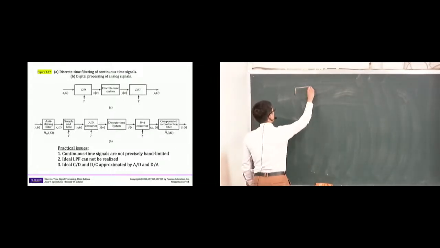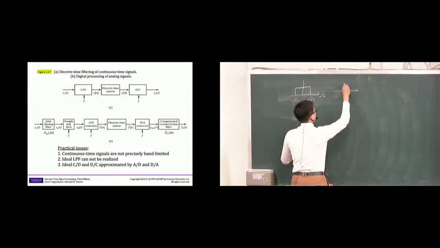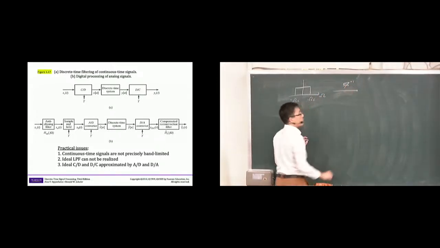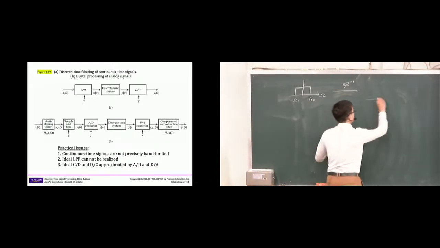So the ideal low-pass filter in the frequency domain, with a cutoff frequency from minus omega c to omega c in the continuous frequency domain. When you think about this back in the time domain, what's the result? Sinc, right? This is a kind of a sinc function.